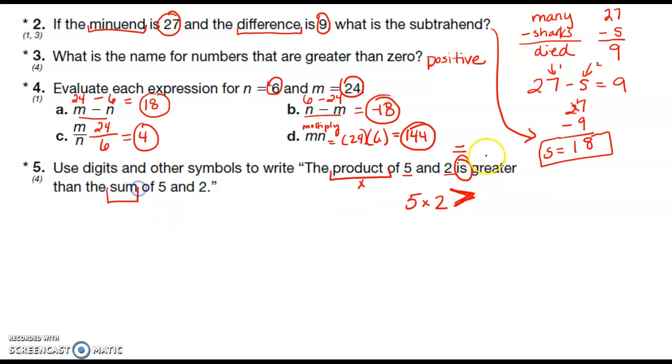The sum, so disregard this for right now because it says is greater than. I didn't read far enough. The sum is addition, so I have 5 plus 2. So I'm going to put 5 plus 2 over here. Let's see if that's correct. So I know 5 times 2 is 10, and we're saying 10 is greater than 5 plus 2, which is 7, and that is correct.